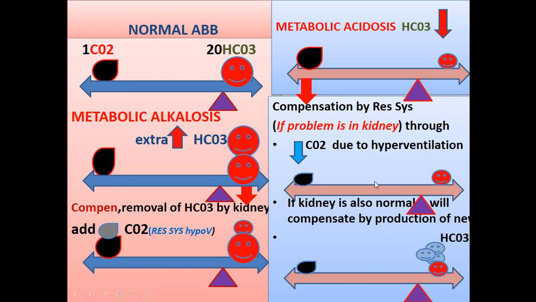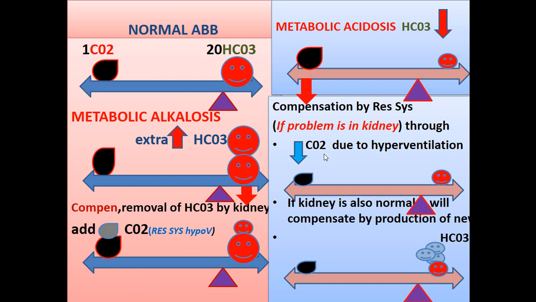If the problem is in the kidney, then this will happen. If the kidney is normal, it is compensated by the production of new bicarb. So on one side, your respiratory system will try to compensate.